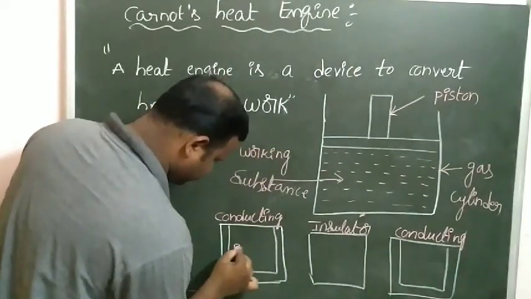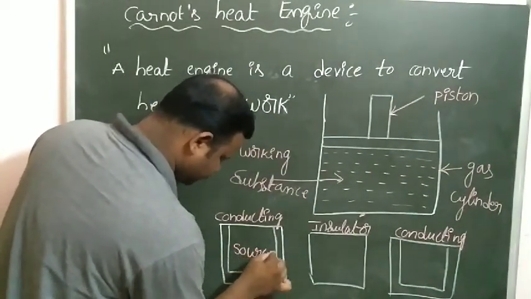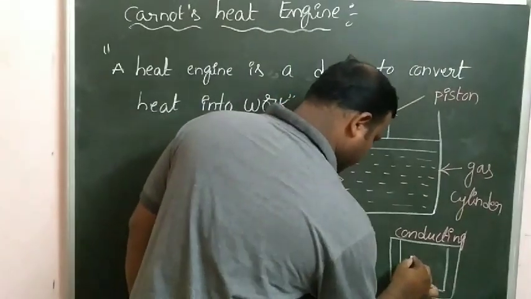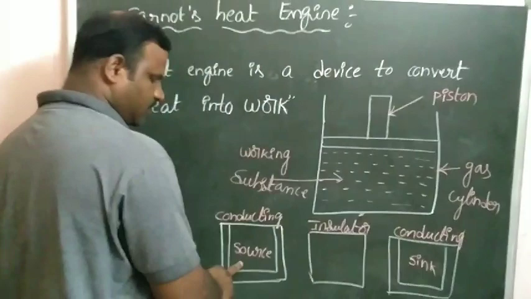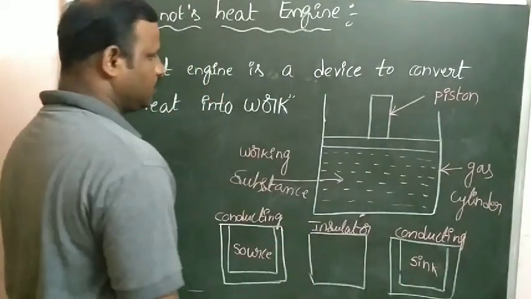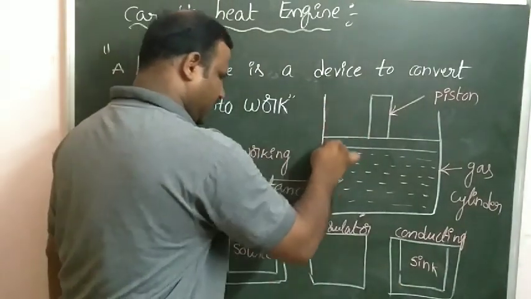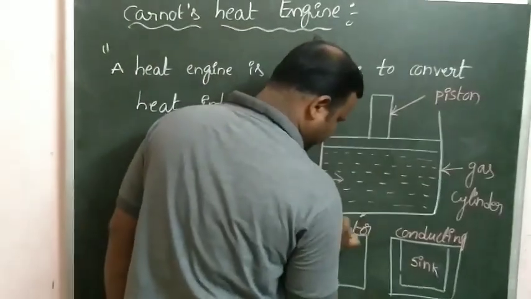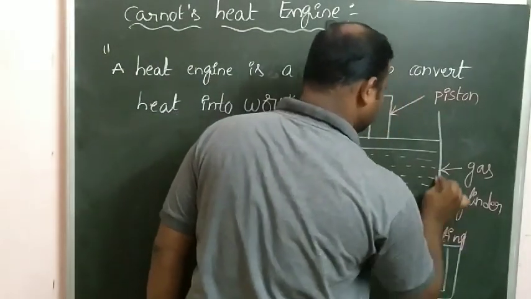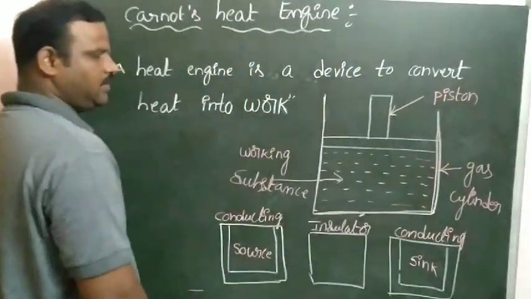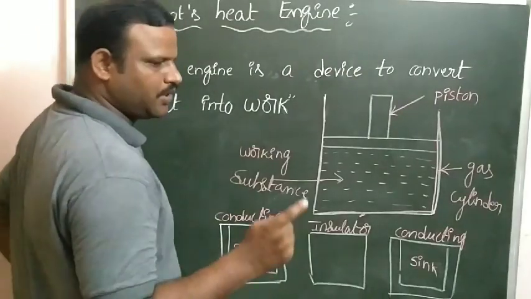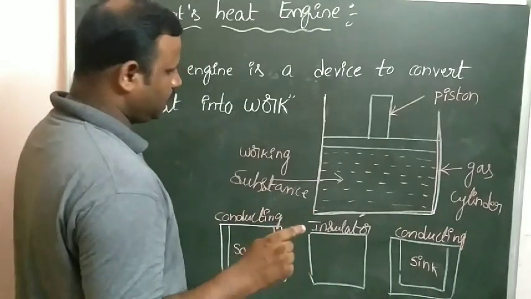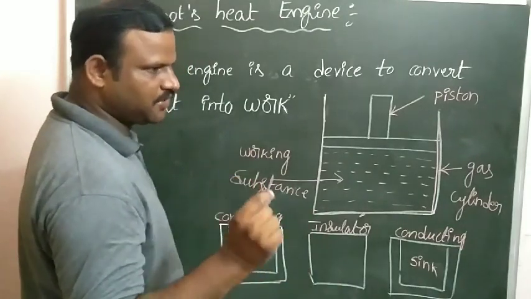This is the source. This is the sink. This is the hot. This is the cold. This diagram is based on the Carnot heat engine. It consists of three main parts.